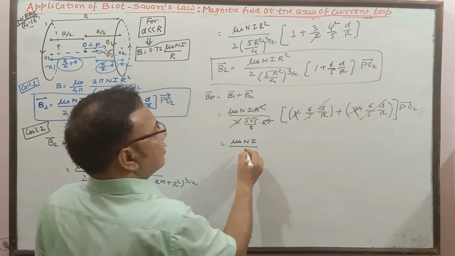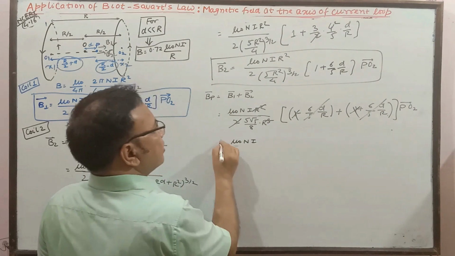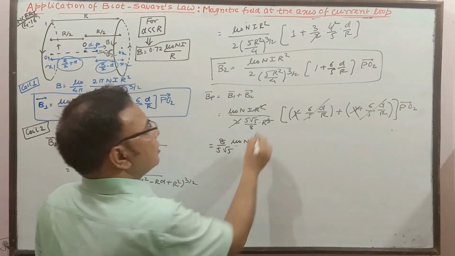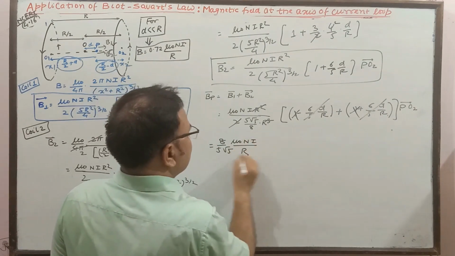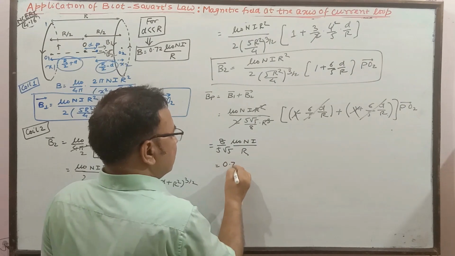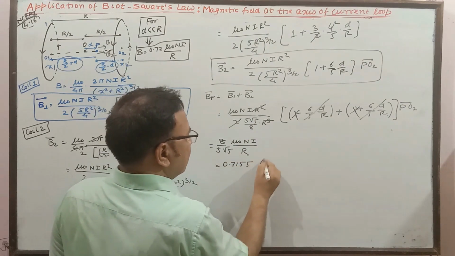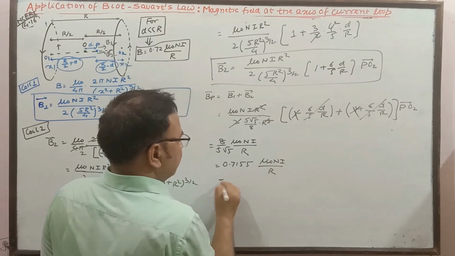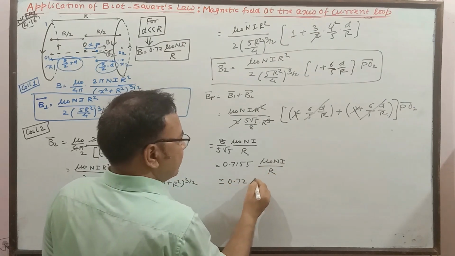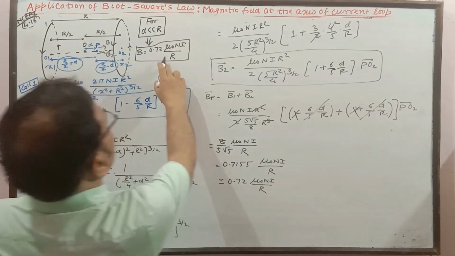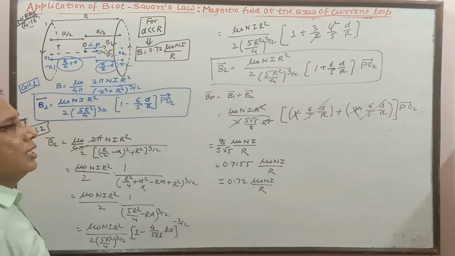So finally we are left with 8 by 5 root 5, divided by R. If you calculate, this is around 0.7155 mu naught Ni upon R, and that is approximately equal to 0.72 mu naught Ni upon R. That is what we had to show, 0.72 mu naught Ni upon R.